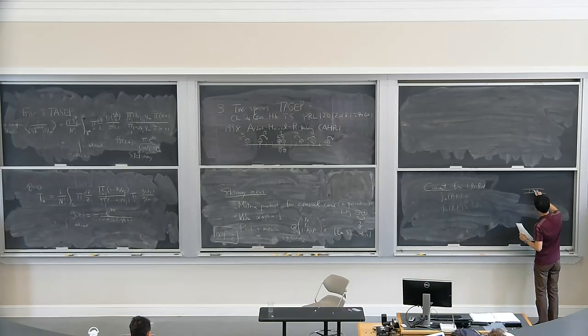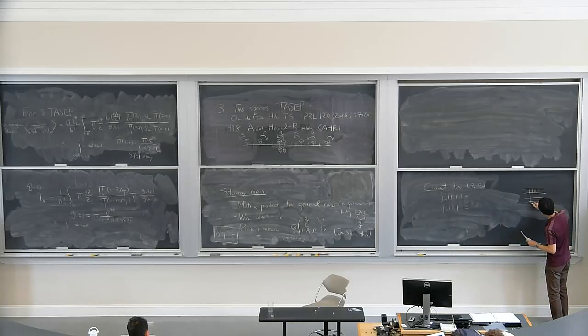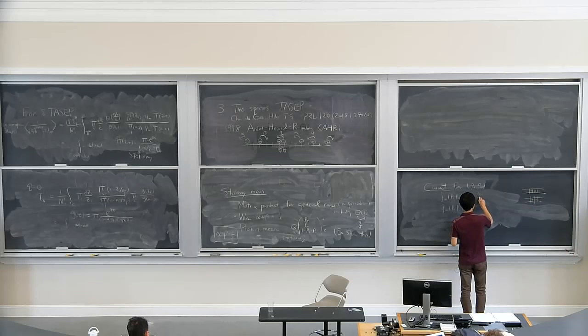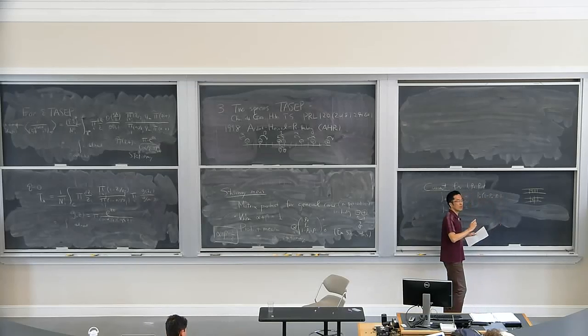So when do we have current for the plus particle? Of course, in this case and in this case. This happens with probability rho minus, and the rate is 1/2.